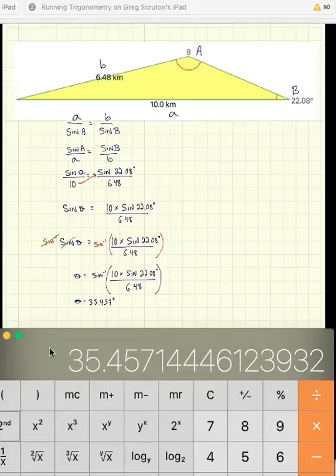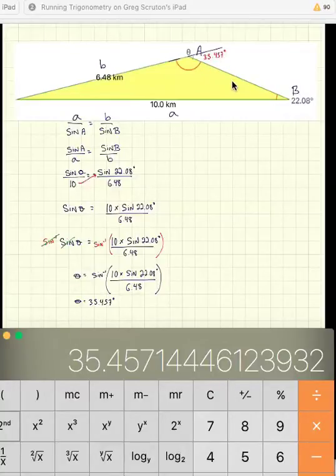So there's no way that's 35.457 degrees. In fact, what we found is this angle right here, 35.457 degrees, and we want to find the supplement of that. So we're going to have to take the 35.457 away from 180.